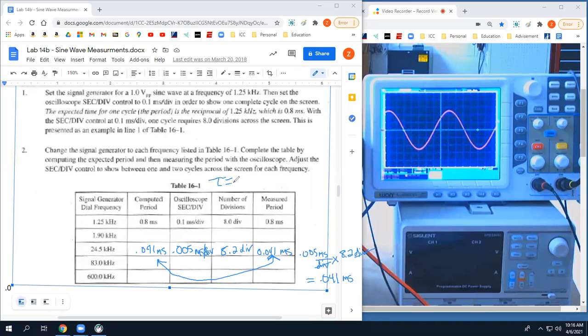T, the period, equals 1 divided by the frequency. In this case, our frequency is 1.9 kilohertz. So 1 divided by 1,900 equals 0.00053.